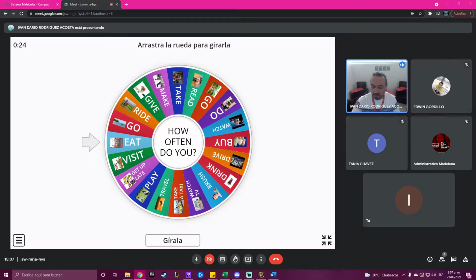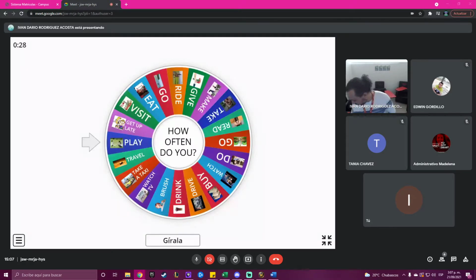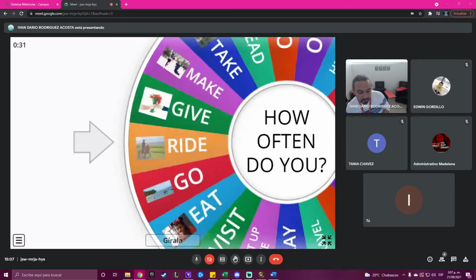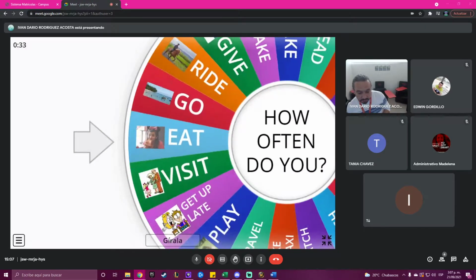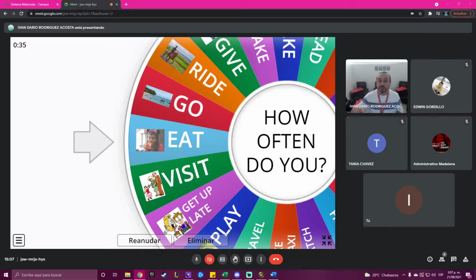For example, let's turn the wheel once. So you see in the picture, there is a lady, the verb eat, and the lady is eating pizza.